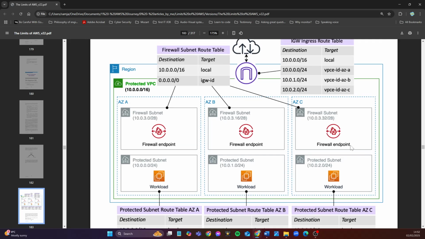It's true that in this diagram we only have one firewall subnet per availability zone, and there's nothing to stop you putting multiple firewall subnets in one AZ, but I'm not sure how useful that would be. But anyhow, here we only have one firewall subnet in each AZ.